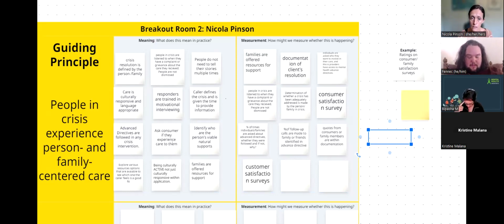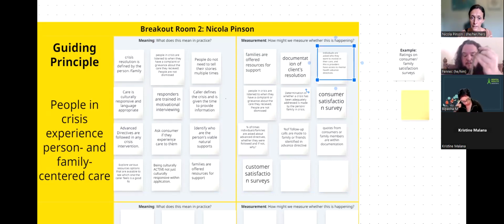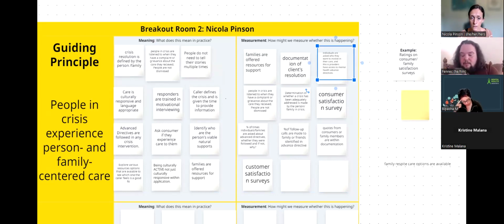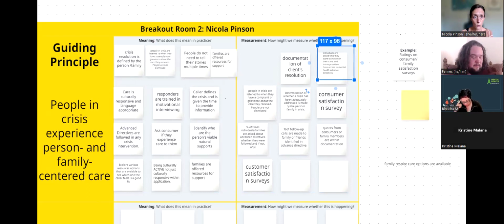Another one here is individuals are asked who they want to involve in their care, and providers have access to mental health advanced directives. So I think that is also, what does this mean? If you can move that over, Christine.